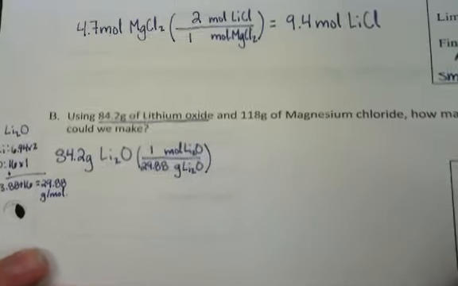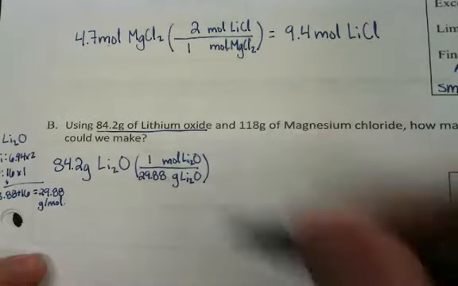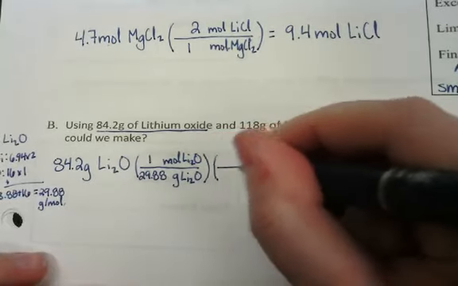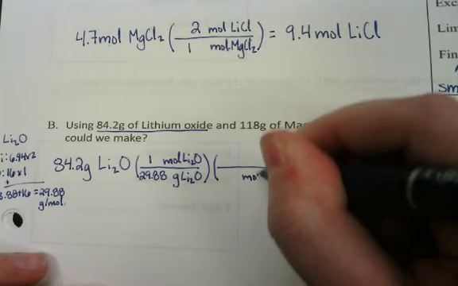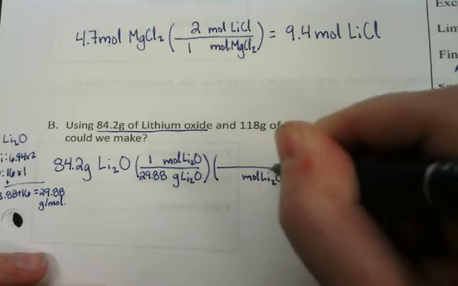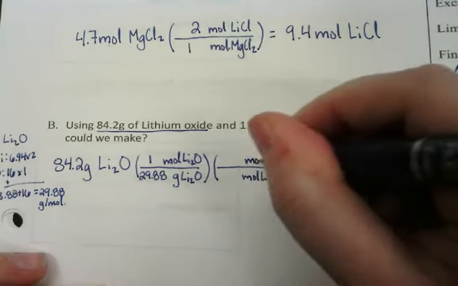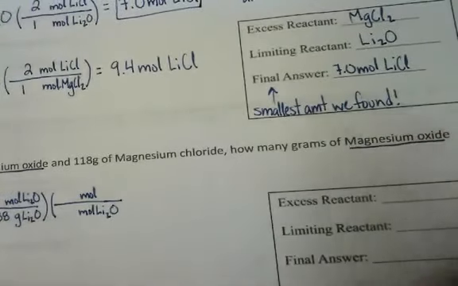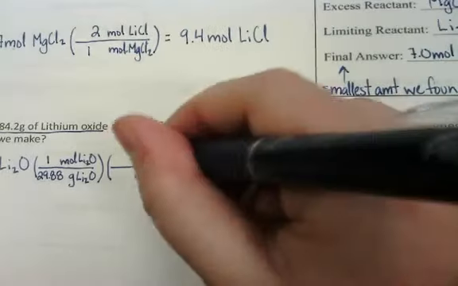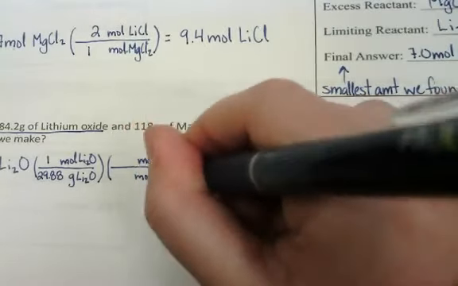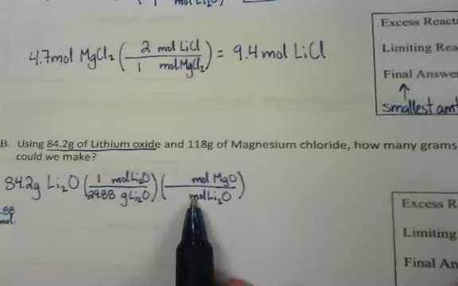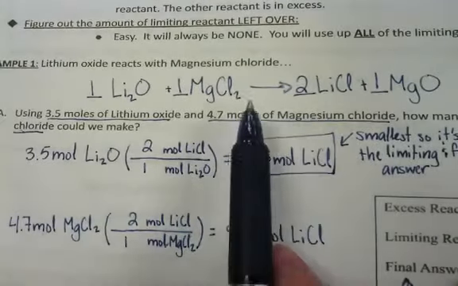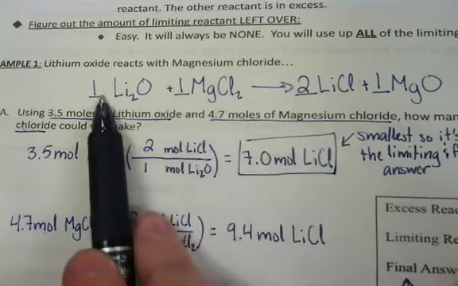So now we're in moles of lithium oxide, which means we can do our mole ratio step. So we can do moles of lithium oxide, and then moles of magnesium oxide, because that's the compound we're trying to find. We use our coefficients. Lithium oxide is 1, magnesium oxide is 1, so they're both 1.